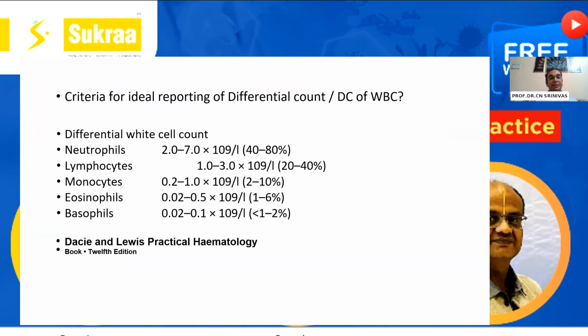What we follow is the absolute count we have taken from Dacie and Lewis Practical Haematology, 12th edition. I think it's a very widely popular book. But probably I did not do enough research, so I will again go back to sir and ask him what other references are there on this particular thing of absolute counts. Any other resources, ICSH is probably one, the International Council for Standardization in Haematology, but I'm not very sure on this question. If sir can highlight, I'll be glad.